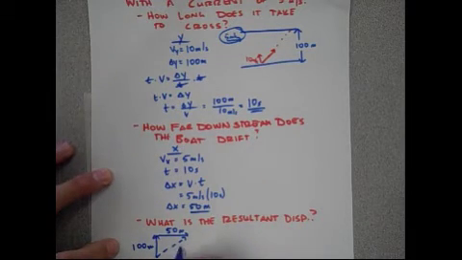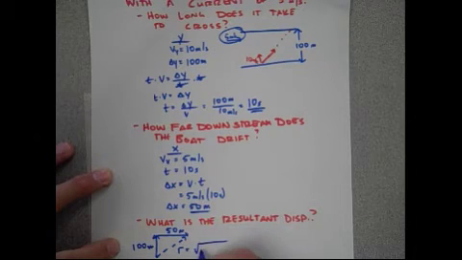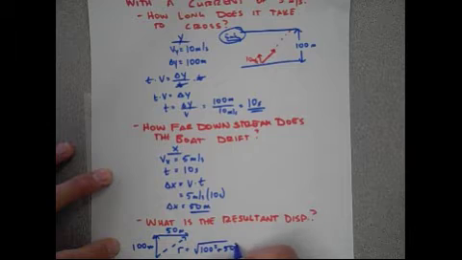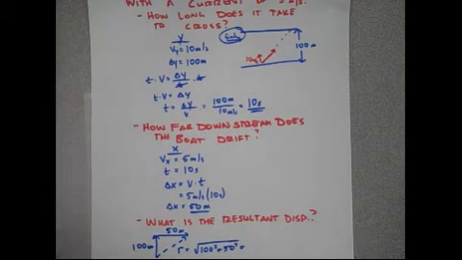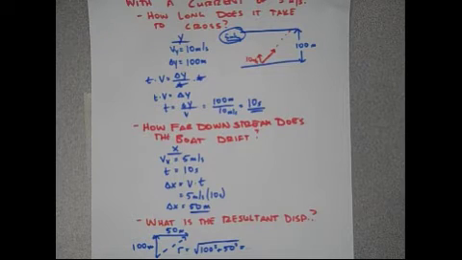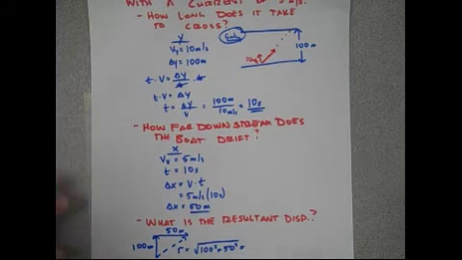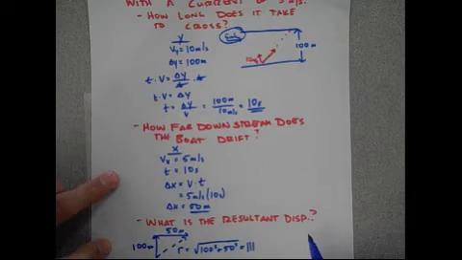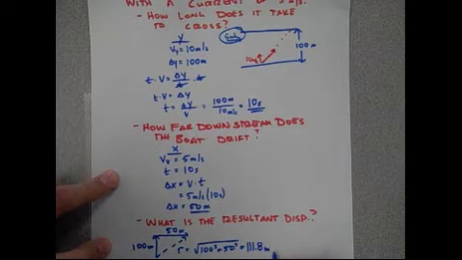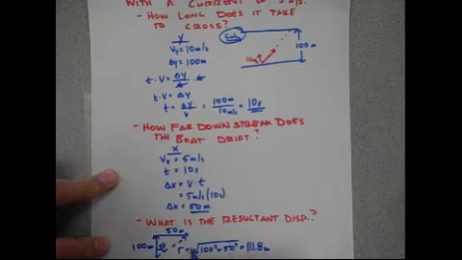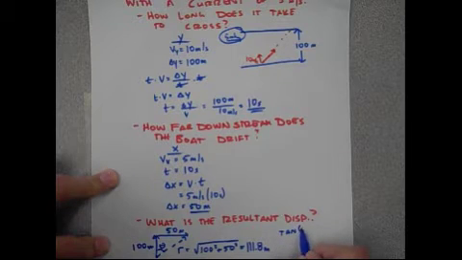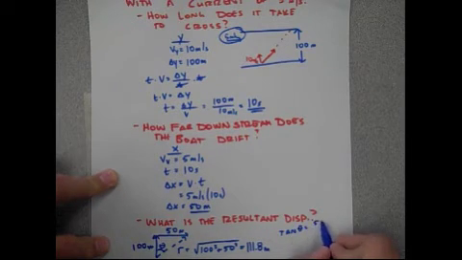So our resultant displacement is going to be the square root of 100 squared plus 50 squared, giving me a resultant displacement of 111.8 meters.